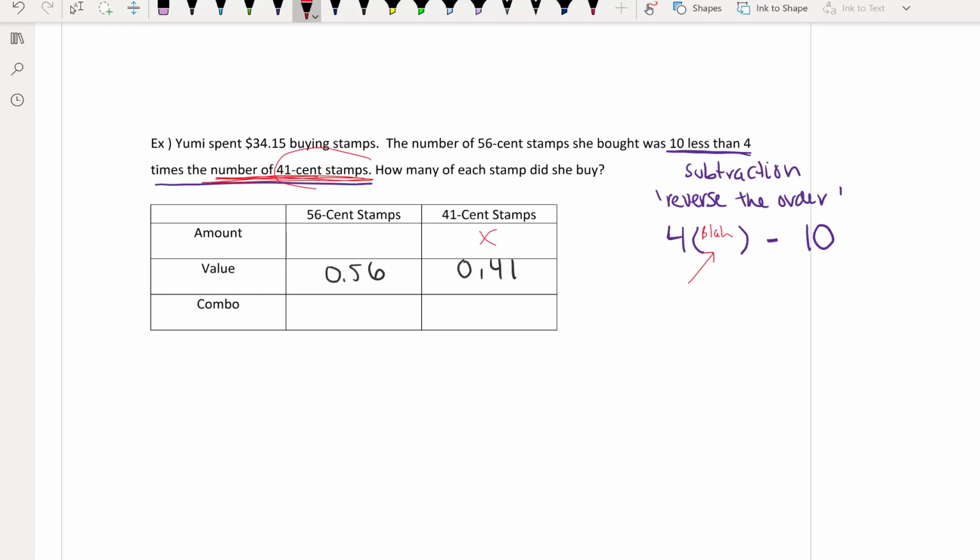So this is my unknown, my point of reference. So that's going to be my x. Then the amount of 56-cent stamps is given to me as 4, and remember that blah is now the x. So it's 4 times x minus 10.